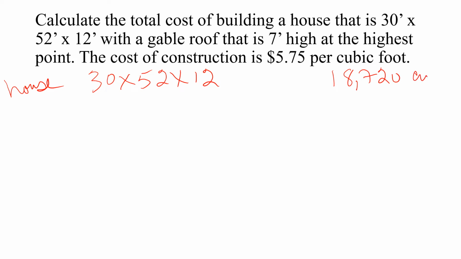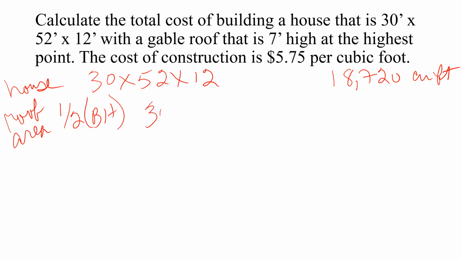So the house is 18,720 cubic feet. Now the roof, we're going to find area. And remember, area is 1/2 base times height. So to do that, we're going to have 30 times 52 times 7 times 1/2.